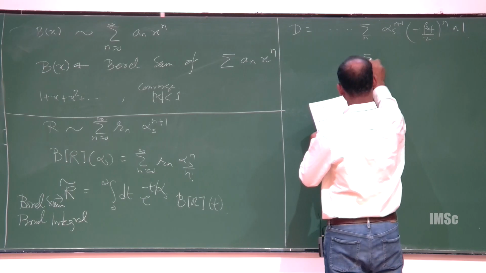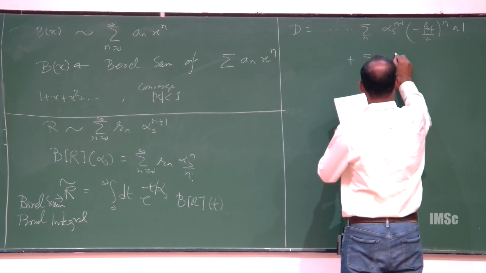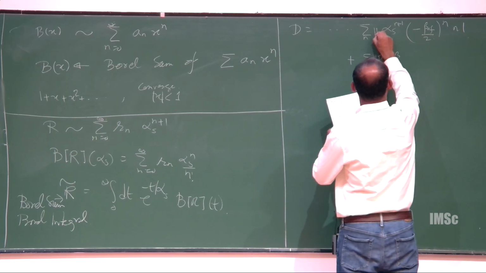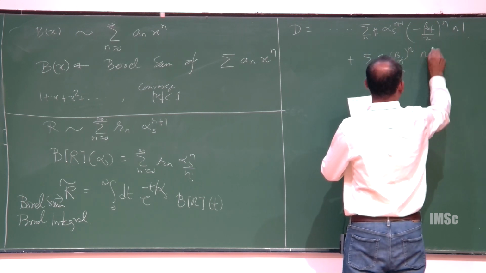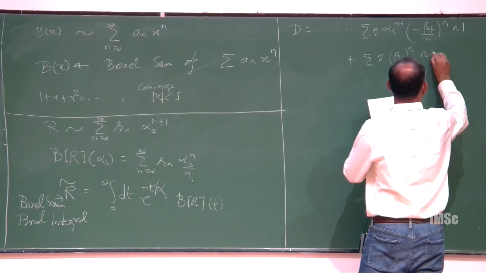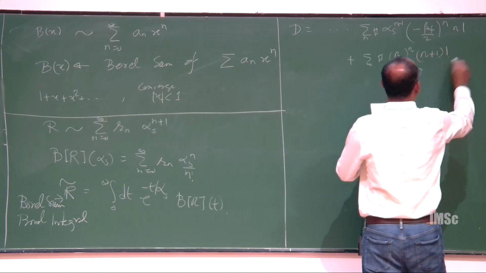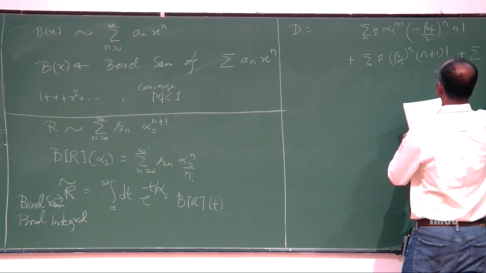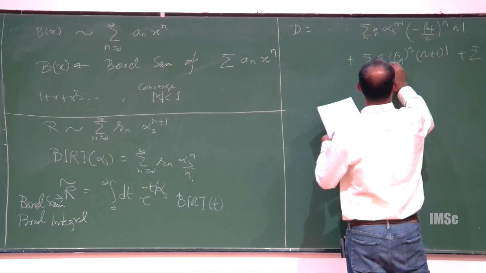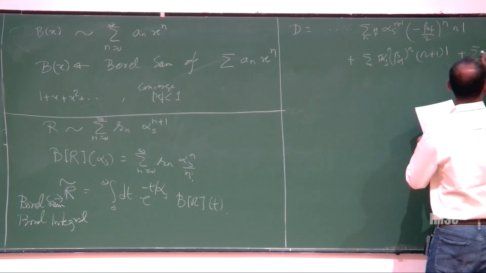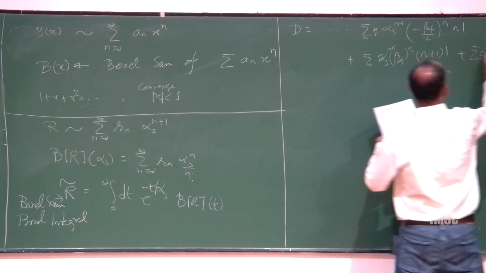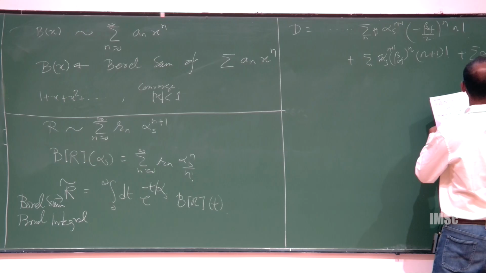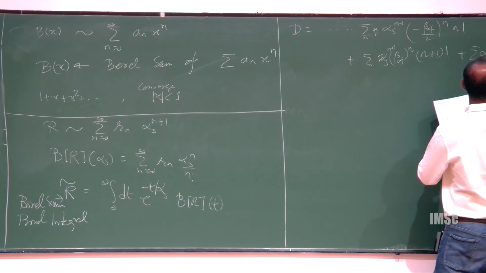Then the other term has, in addition to some coefficients, alpha s to the n again, or n plus 1, and you had n factorial and some things.